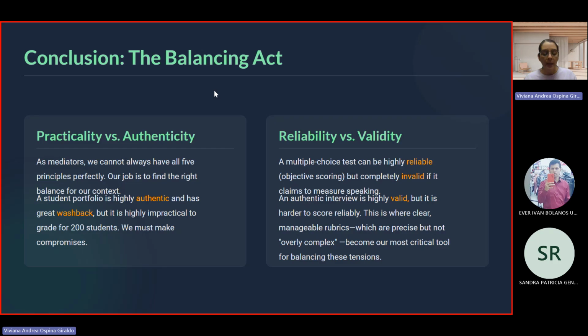When we know that we need to balance this type of assessment, then we start thinking about how can I make this not only practical for me, but also reliable and valid.